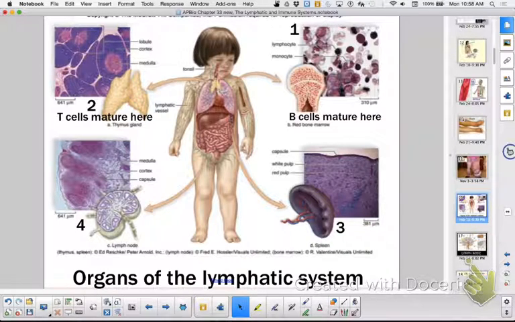Of those, B cells stay in the bone marrow until they what? Mature. Hence the name B cells. They mature in the bone marrow, whereas T cells mature in the thymus gland. Hence the name T cells, because thymus starts with a T.